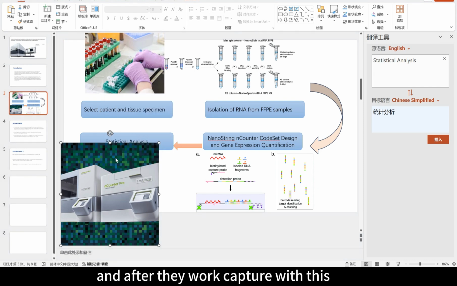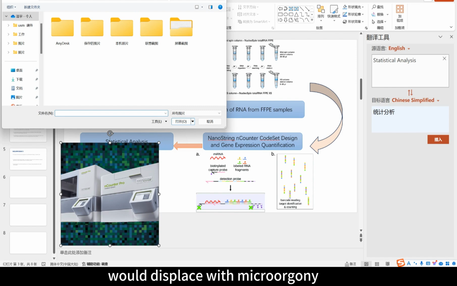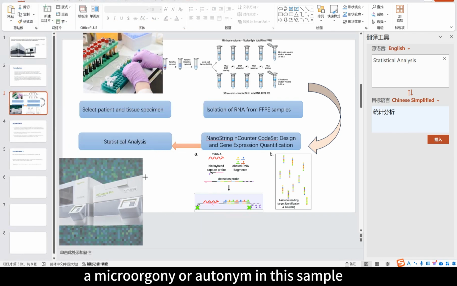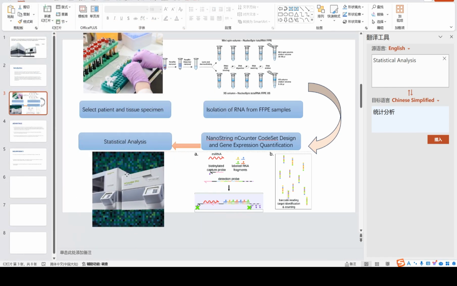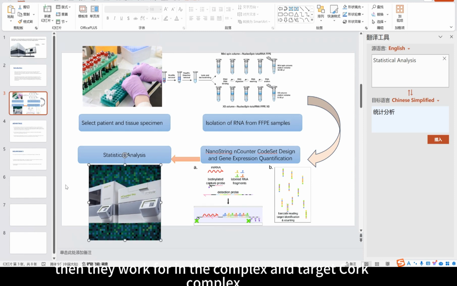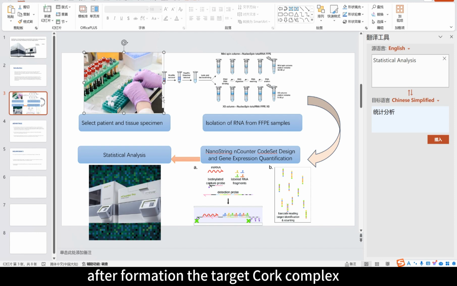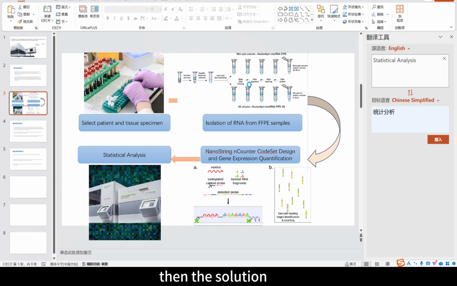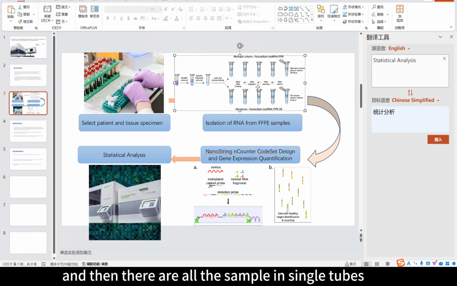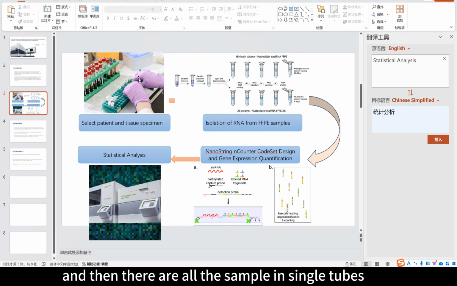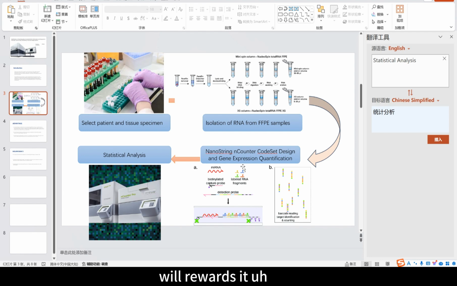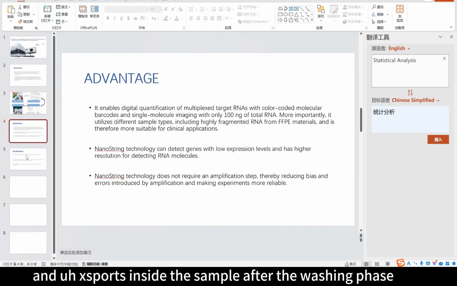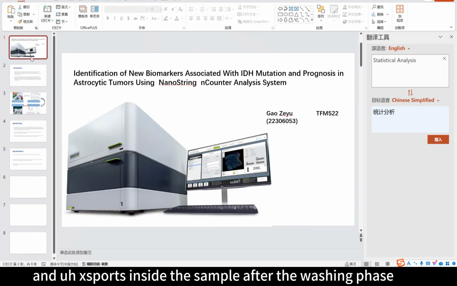They capture the specific microRNA or RNA in the sample, then form the target probe complex. After formation of the target probe complex, solution phase hybridization happens, and then all the sample in a single tube is washed of the excess probes.